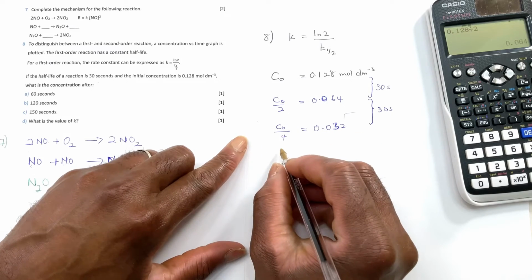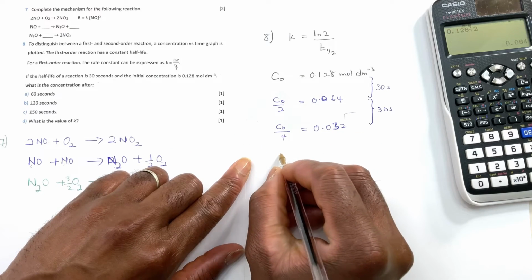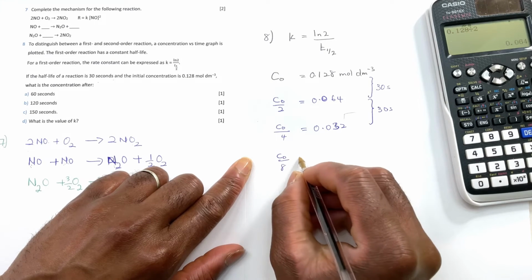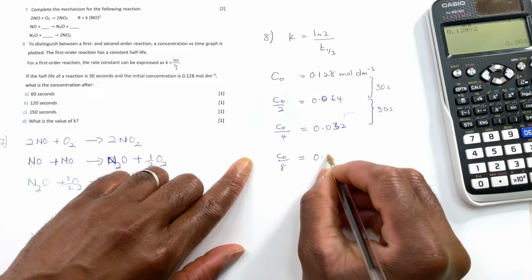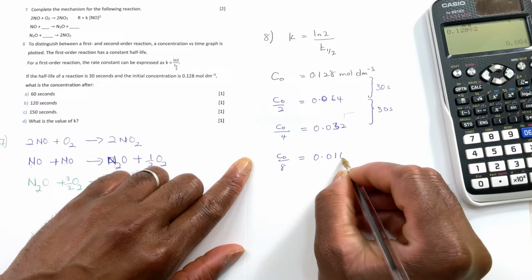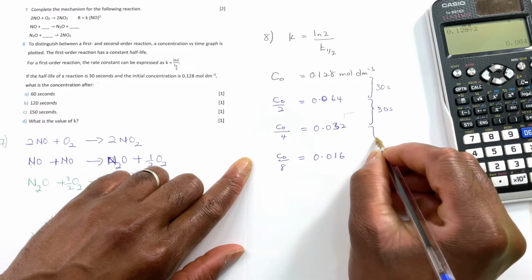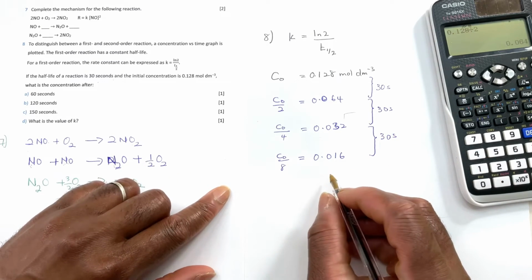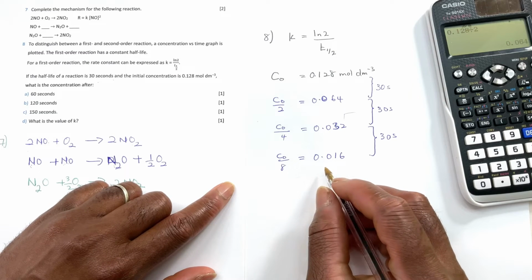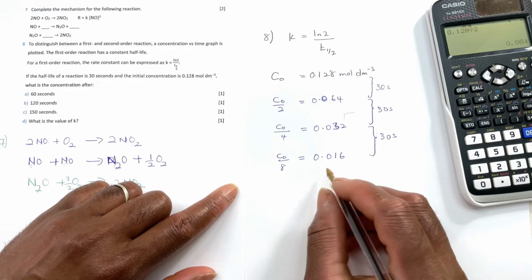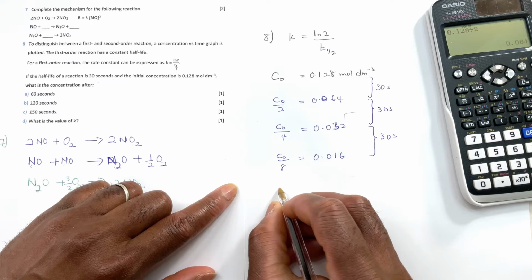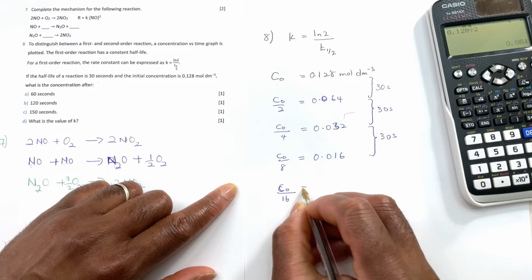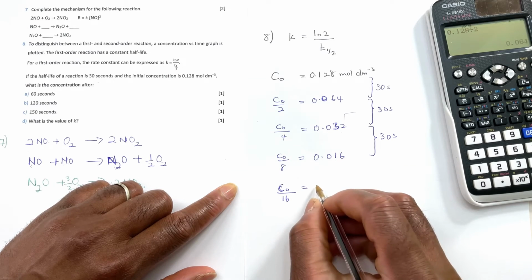The next half-life will be C0 over 8, and that'll be 0.016. That's another 30 seconds, and we could basically carry on from there. The next half-life will be C0 over 16, so we divide that by 2.